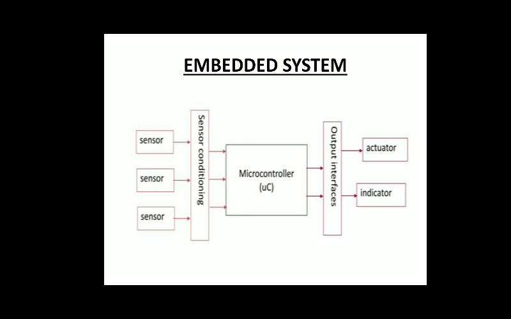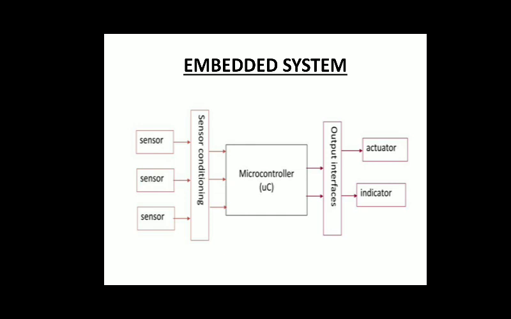So here is the general architecture of the embedded system. On one hand we have sensors, and after getting inputs from the sensors we condition the input voltage or current, whatever it is, and feed it to the microcontroller.